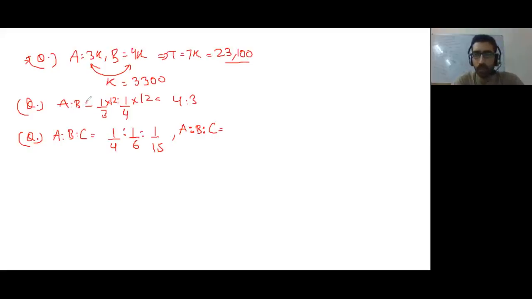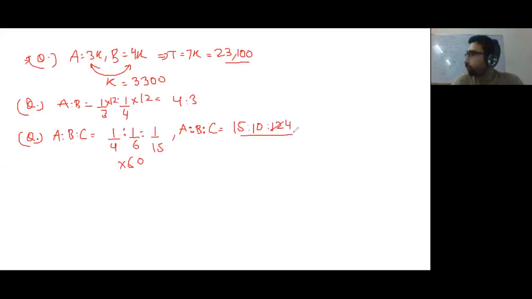You multiply it with 60, so they're absolutely correct. So here, multiply each ratio by 60, and you get A is to B is to C is 15 is to 10 is to 4.